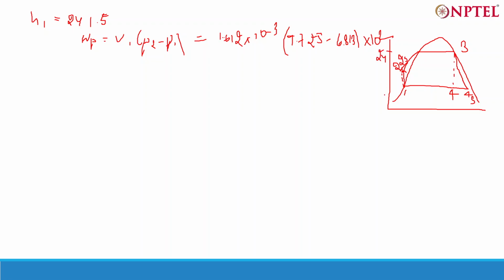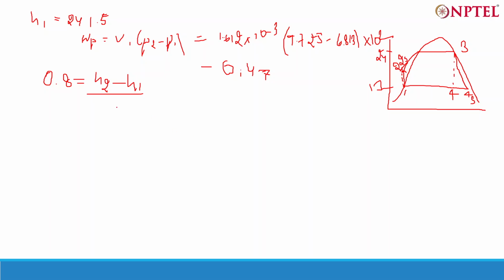So you can actually understand. Now you know the pump work is around 0.46 or 0.47. Now you know the isentropic compression efficiency, 0.8, which is (H2s minus H1) upon (H2 minus H1).